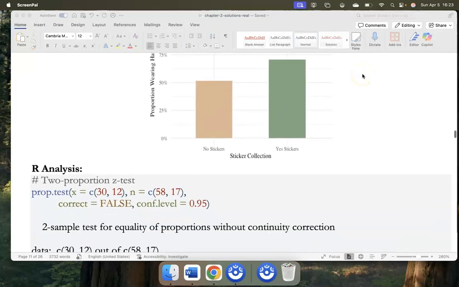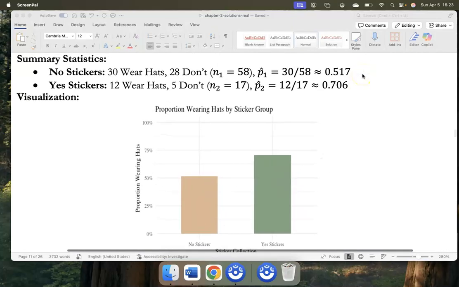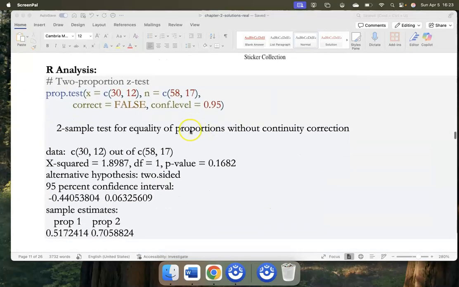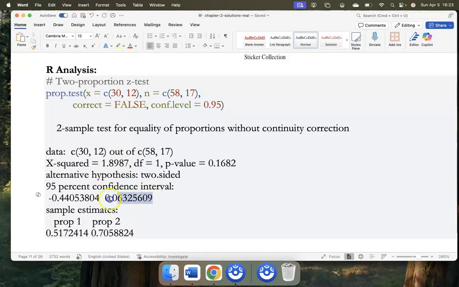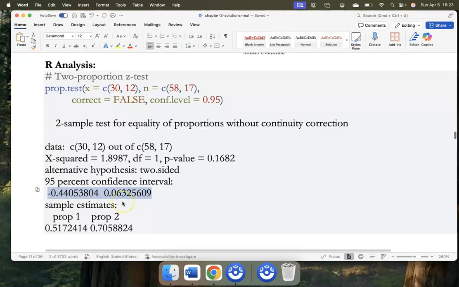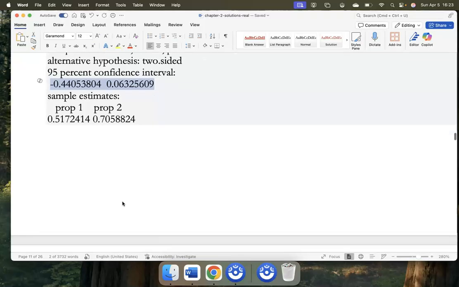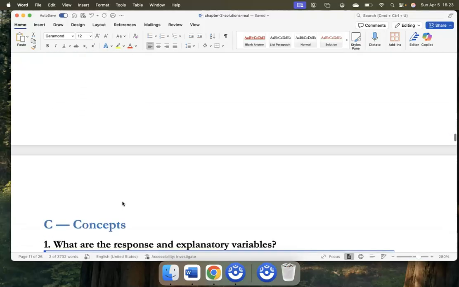I believe this data is actually correct, so in terms of analysis, we should get the same results finally. The main important thing to know is the confidence interval from this output, negative 0.44 and 0.06. With that being said, you should be able to answer the next 5 questions. At least try to attempt the next 5 questions.